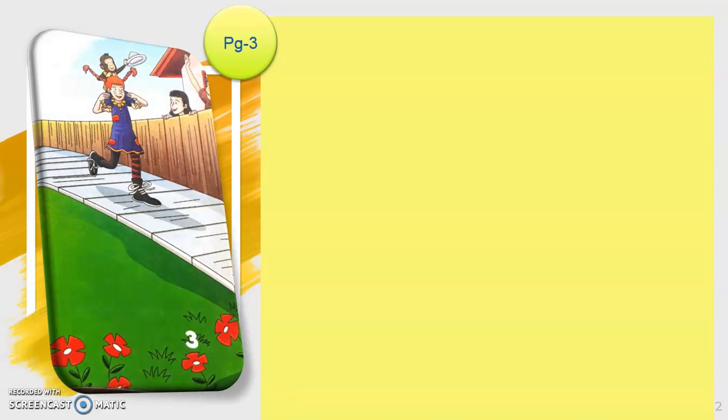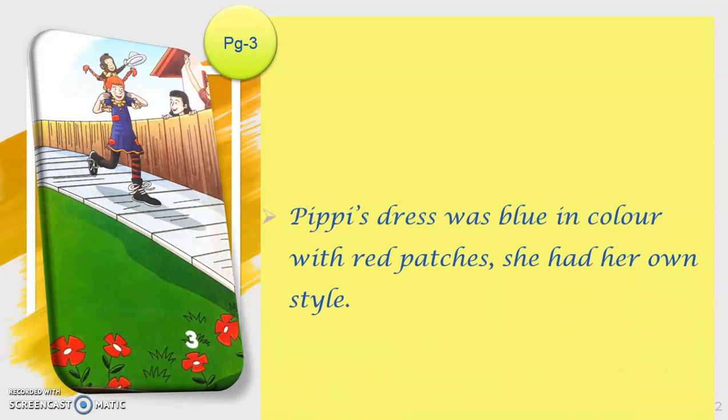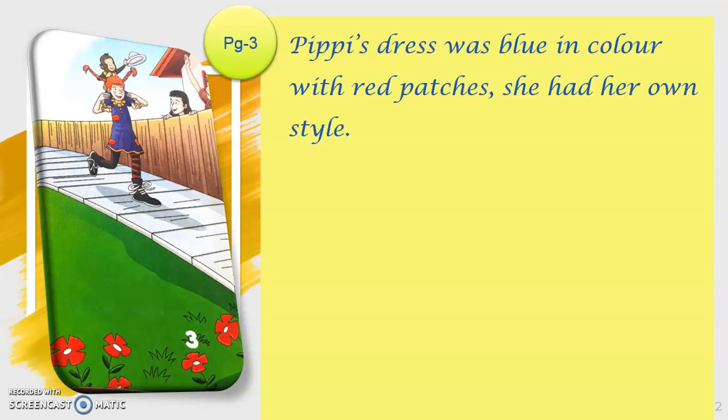Then, on page 3, further we see that now Pippi's dress was being discussed. Pippi's dress was blue in color with red patches. She had her own style. As you can notice in the picture, her shoes were bigger, her dress was with patches, and she was happy with it.